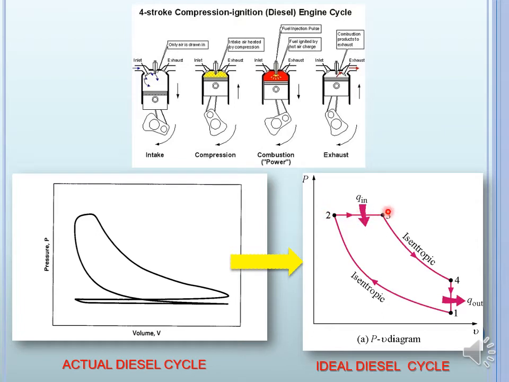Okay, and then the cycle moves to 3 to 4, where it is isentropic expansion, and the last one is the same as the Otto cycle, that is 4 to 1, the exhaust stroke, or in the ideal diesel cycle we call it heat rejection from the cycle.